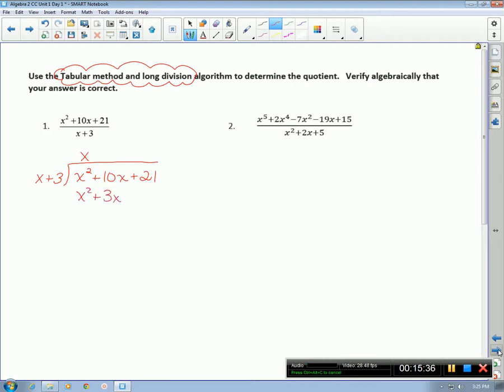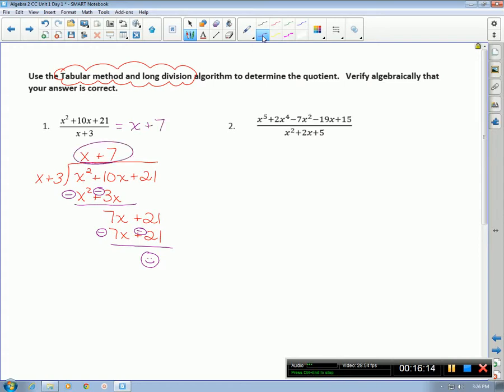Subtract. Bring down and start over. x goes into 7x 7 times. Multiply. Subtract. And we have a perfect division. The quotient is x plus 7.